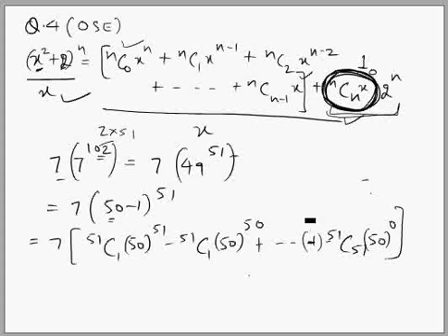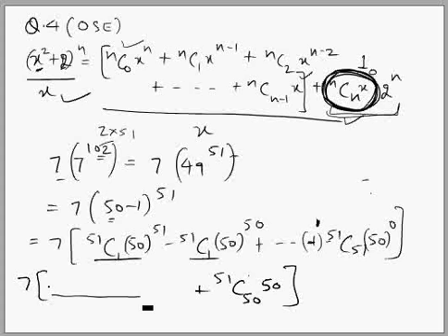If you leave out the last term, 7 into all these terms, starting from the first term till the second last term, which is 51C50 times 50, you can see all these terms are multiples of 25. Only the last term, minus 7, is not a multiple of 25.